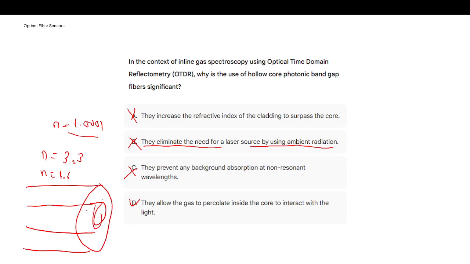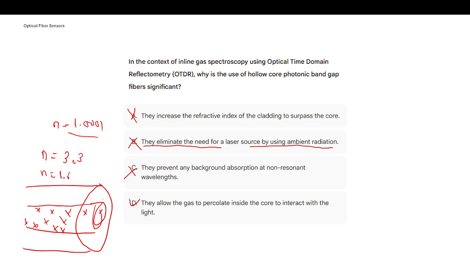If gas molecules go inside the hollow core, then they will interact more with the surface of the core, and you will get the enhanced data with the inline gas spectroscopy.